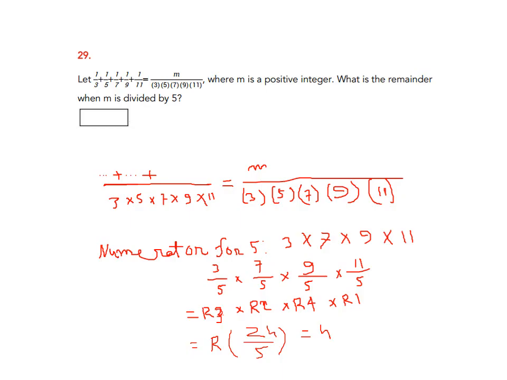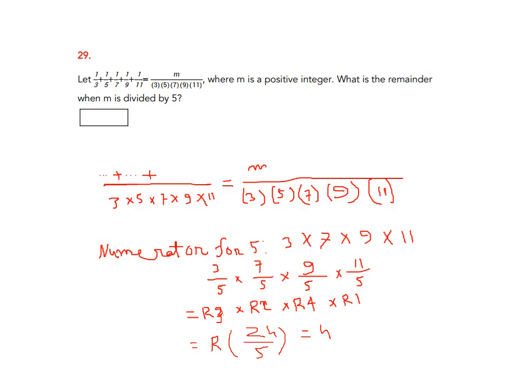Without taking the product and dividing this large number, we can take a different route. 3 by 5: the remainder is 3. 7 by 5: the remainder is 2. 9 by 5: the remainder is 4. And 11 by 5: the remainder is 1. Now multiply those: 3 into 2 into 4 into 1.